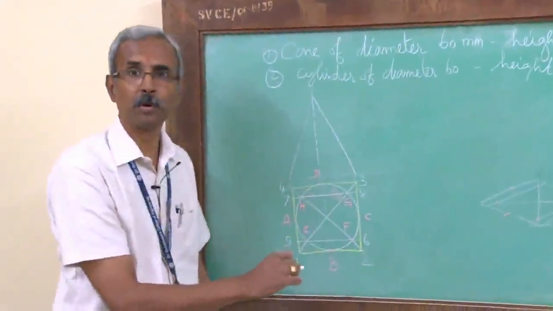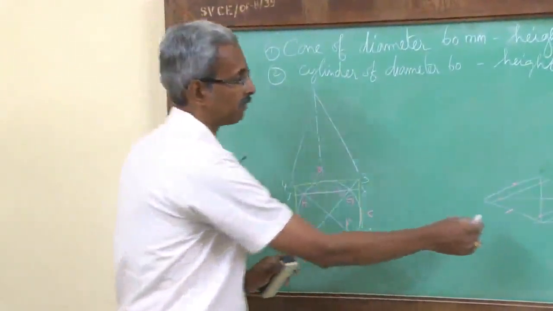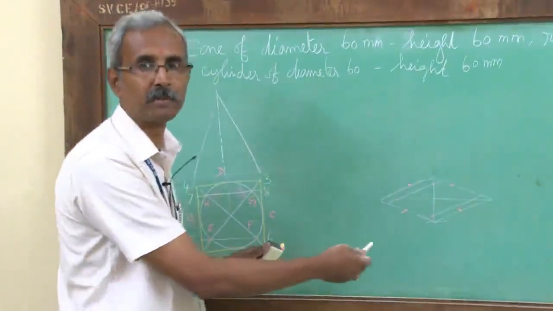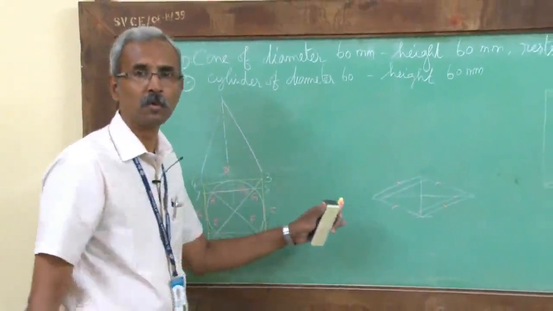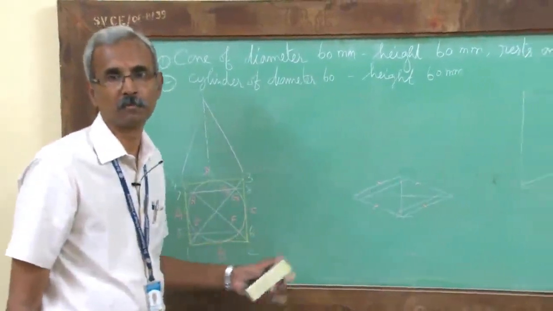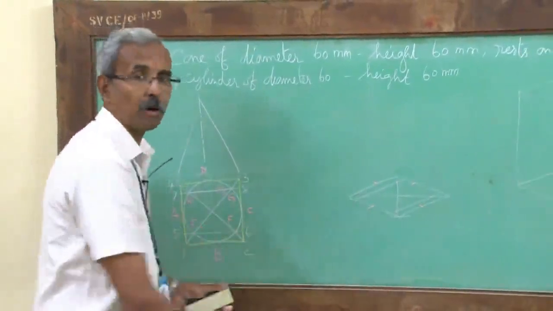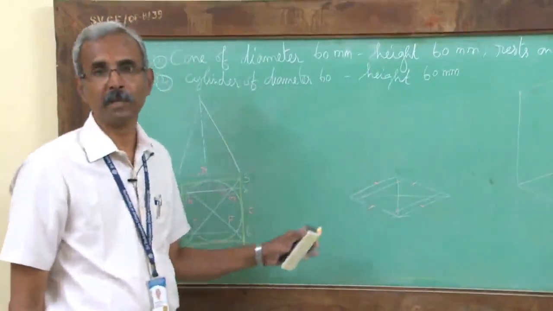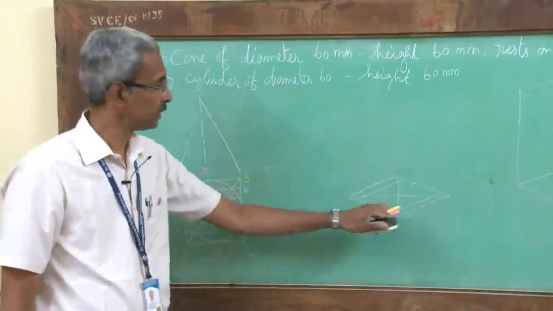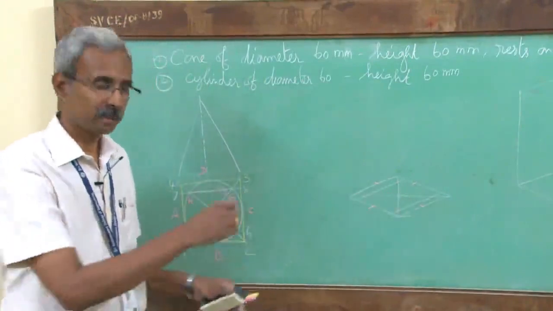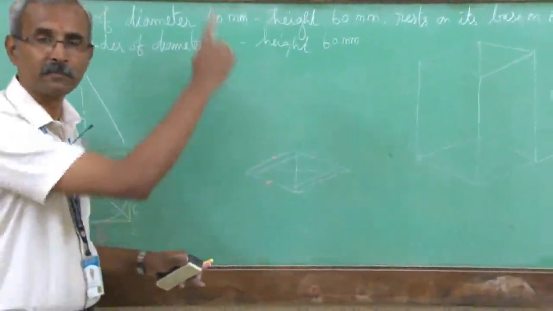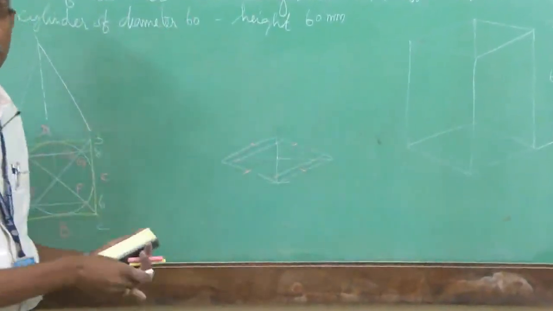So I have drawn the circle here and enclosed it in the box. I have marked all the points, and now I have transferred all the 8 points here. Of course, I leave the option to you whether you go for a points method or a four center method. So I marked this, and as we did in case of a pyramid, we need to locate the center of the base here, and from that point erect a vertical line which will be equal to the height of the cone.